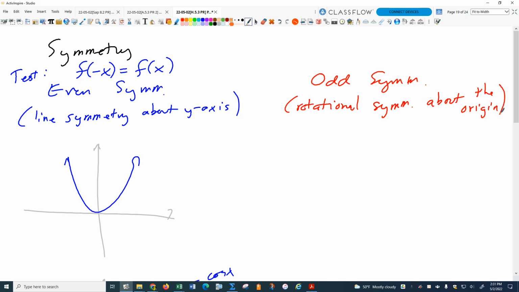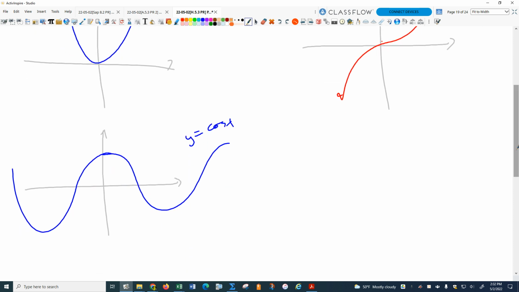So an example, like the classic example, would be x cubed. Right? It's got that rotational symmetry, meaning I can spin it 180 degrees and it lines up with itself. Another function you're not familiar with that has odd symmetry would be the sine function that you'll see next year.